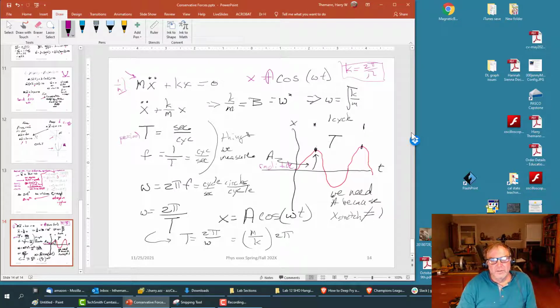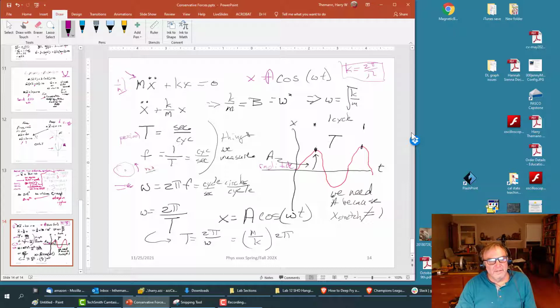Now here's the big key right here, omega. Omega is radians per second, right? When a circular object is going round and round, of course its positive direction is counterclockwise, and so this is radians per second.